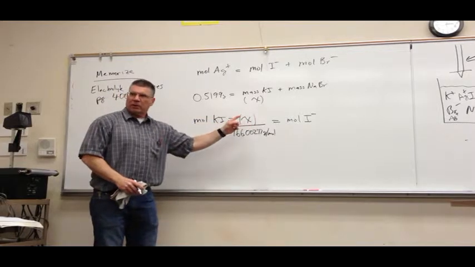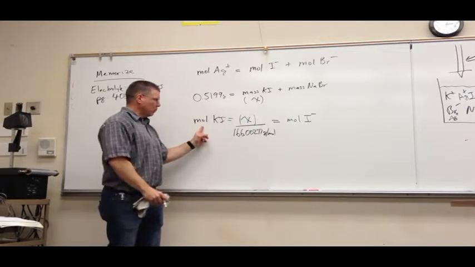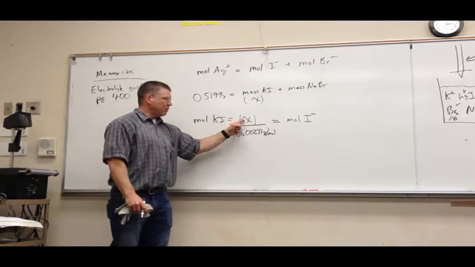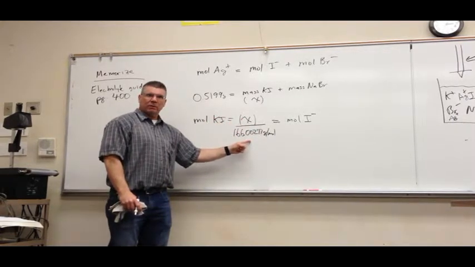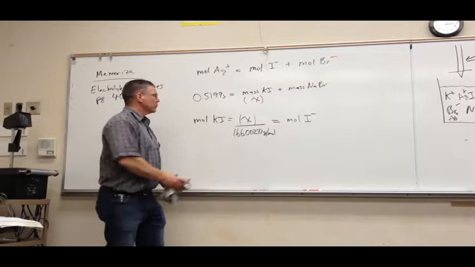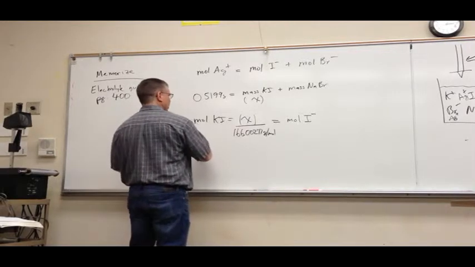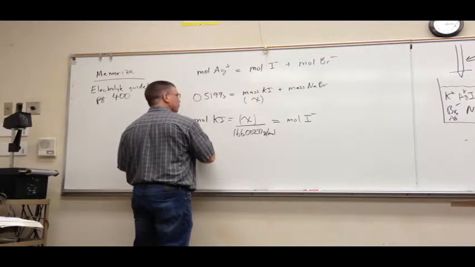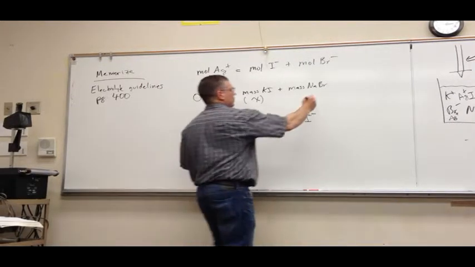Does this make sense to you guys? The moles of potassium iodide is equal to the moles of iodide. The moles of potassium iodide is the mass divided by the molar mass. Right? Let me rearrange this.